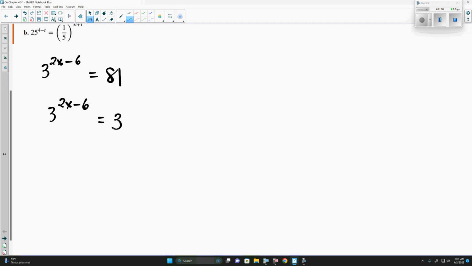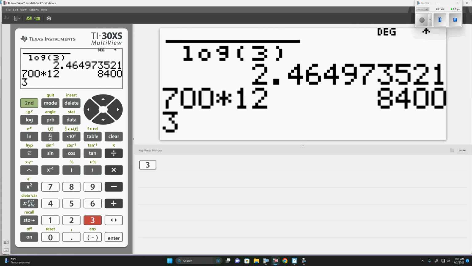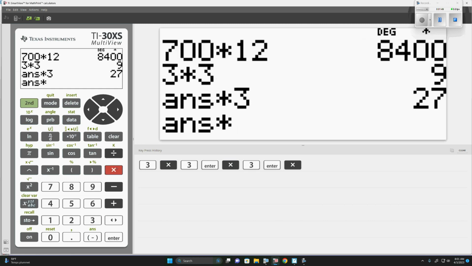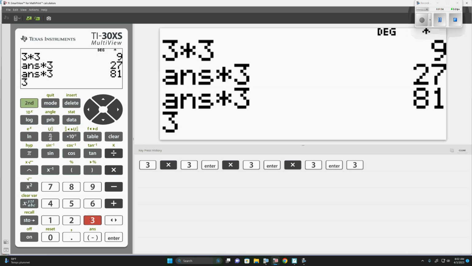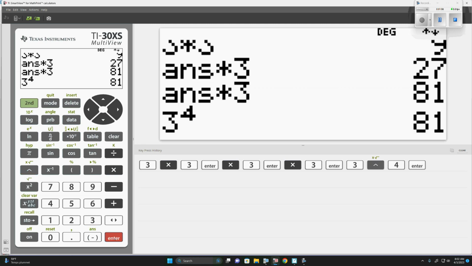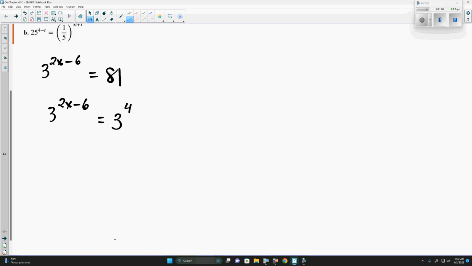Well, 81 is what? 3 to the 4th. And we could grab a calculator and say 3 times 3 is 9, times 3 is 27, times 3 is 81. So we multiplied 3 times. So 3 to the 4th is indeed 81.